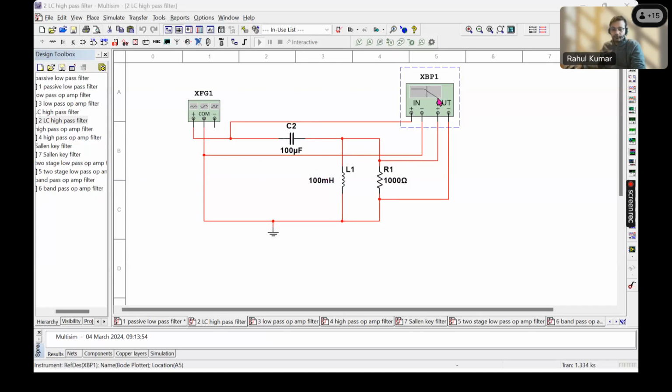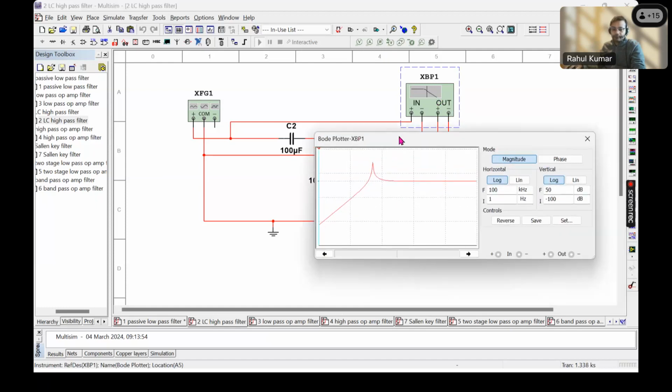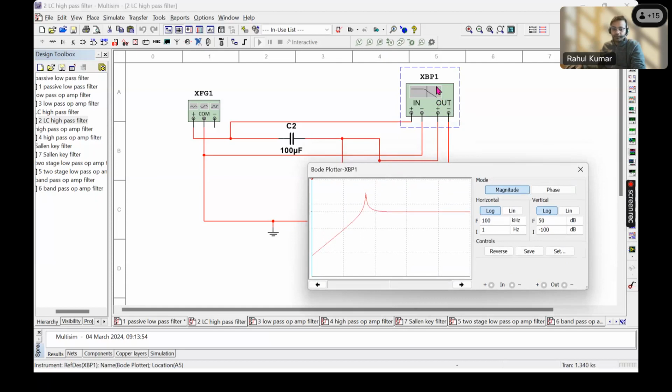Now let's have a look at the Bode plot. So this Bode plotter, you have so many different displays here. You have your function generator, oscilloscope on the right hand side, and you have the Bode plot somewhere here as well.